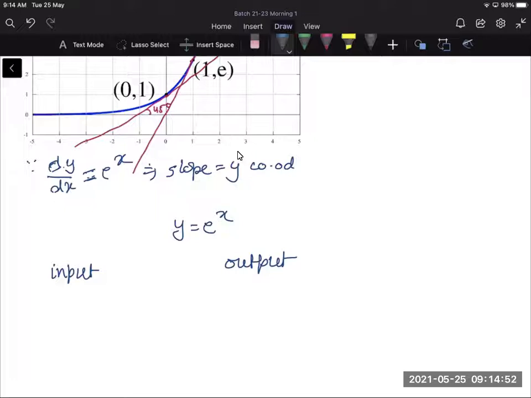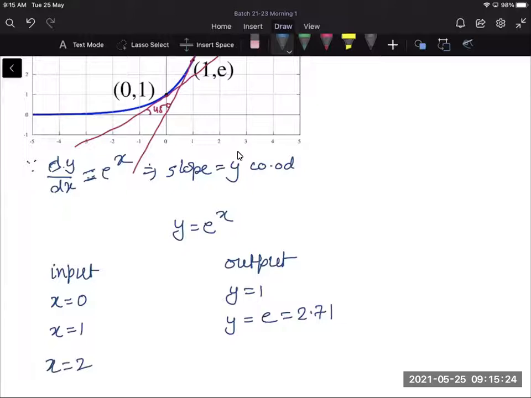If the input is x equal to 0, then the output is y equal to 1, because anything raised to the power 0 is equal to 1. If the input is x equal to 1, then y will be equal to e, which is roughly 2.71, because anything raised to the power 1 is the number itself.